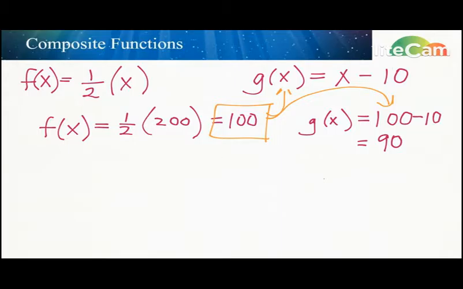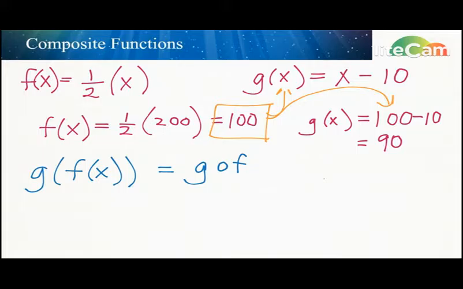Okay, so to write a composite function, it's going to look like this, where we take one function and put it inside of another function. It can also look like this: g of f of x, and then you might have parentheses in the front there.